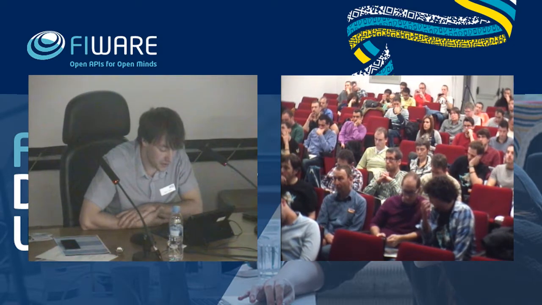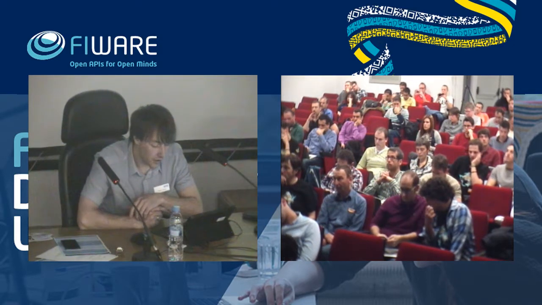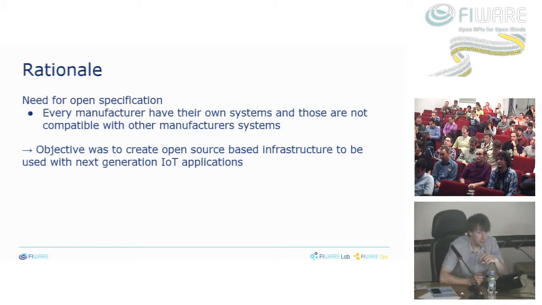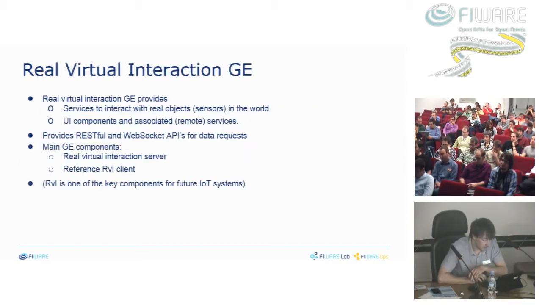So there is the need for an open specification to interact with those IoT devices, not only receiving data, but also interacting with them, like switching lights on and off and so on.